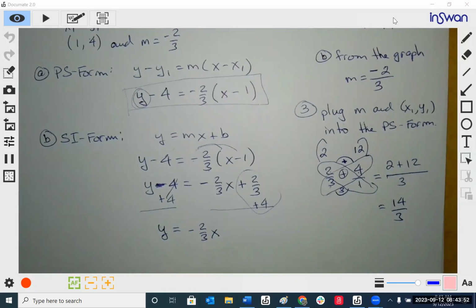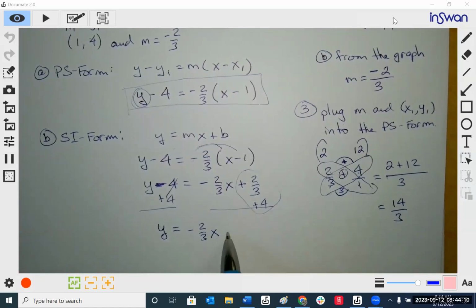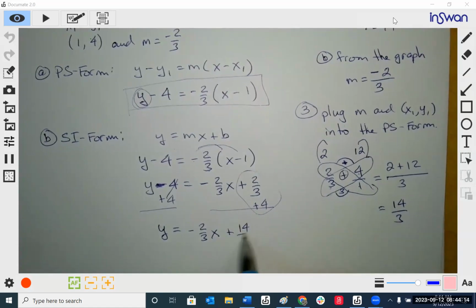You can use whatever method you want, but I really like this because it does everything for me. I don't have to write 4 over 4 or 3 over 3. Multiply diagonally, multiply the bottom numbers, and just add the products. So it's positive 14 over 3.